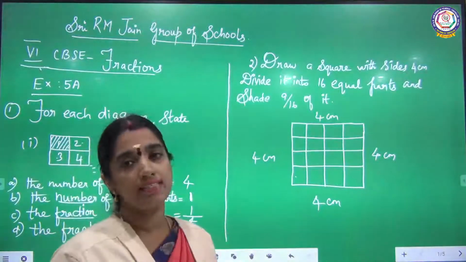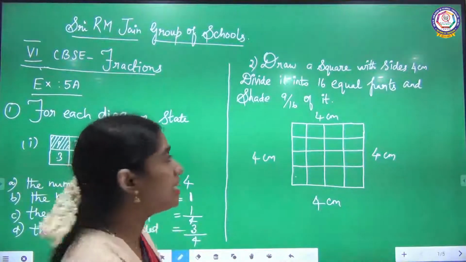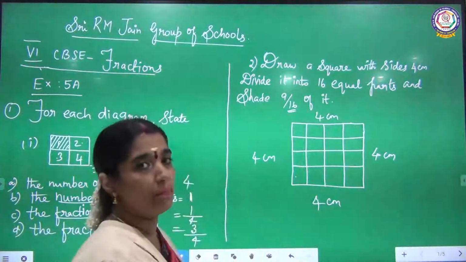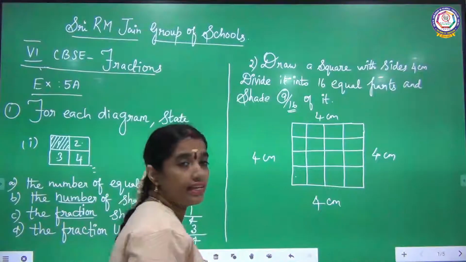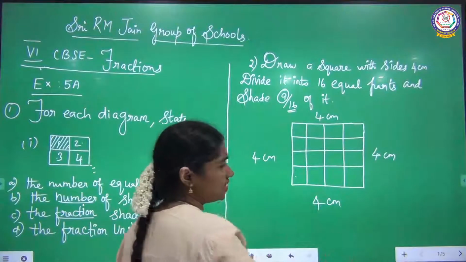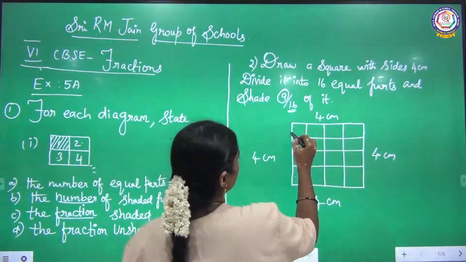Shade 9 by 16. So 16 is the total number of equal parts. How many parts am I going to shade here? 9. So listen, out of these 16 you can choose any 9 small squares.